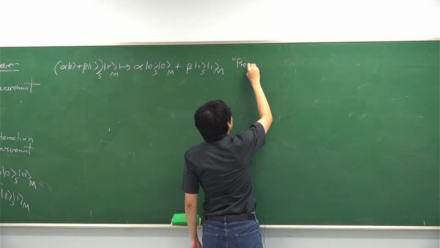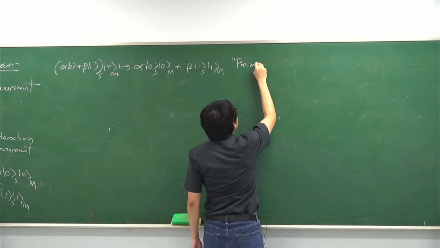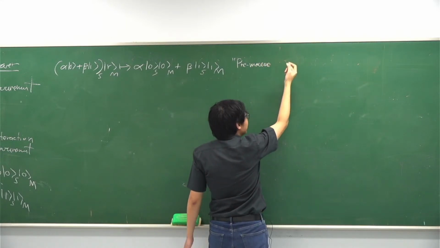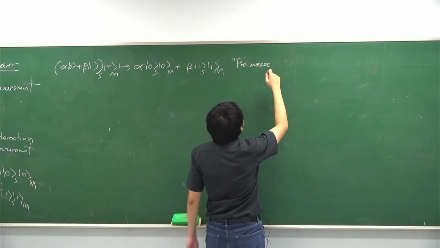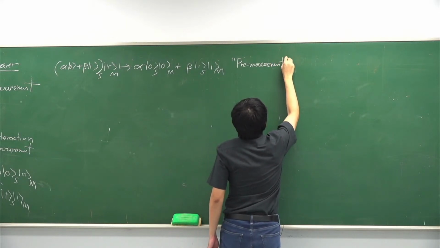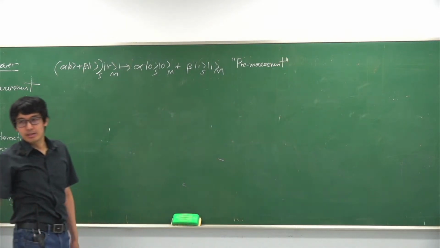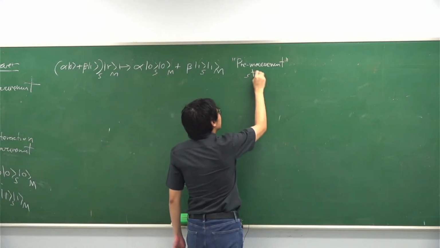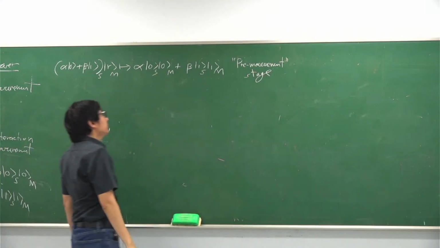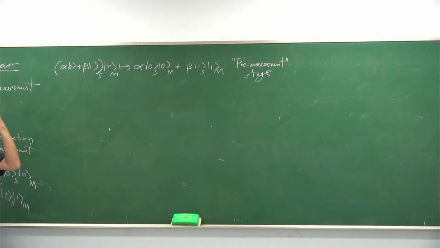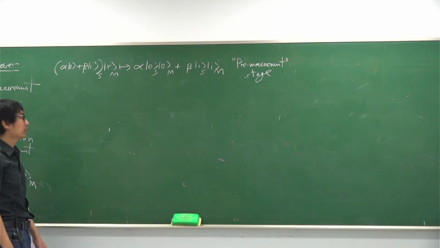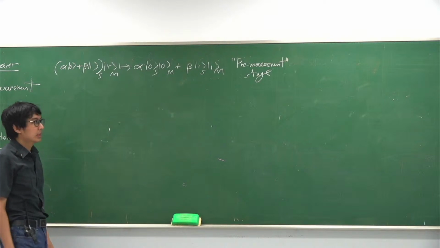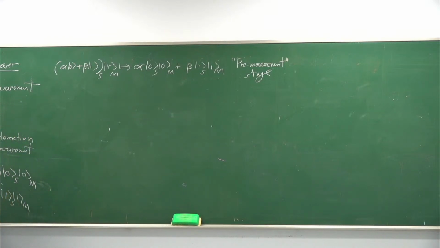So in the quantum measurement literature, or quantum foundations philosophy, this would be called the pre-measurement state. And then this process can keep going, right?